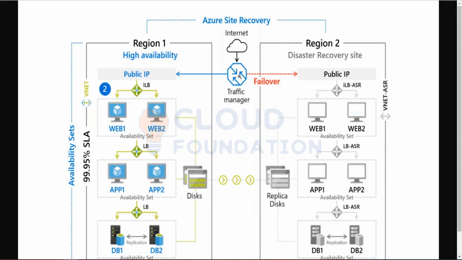When customer is connected to Traffic Manager, this Traffic Manager can connect to two set of endpoints. This endpoint will have the primary site, and instead of this load balancer, I could have an application gateway here.